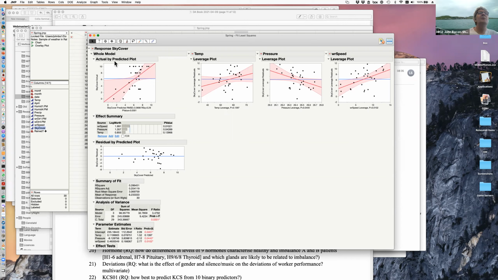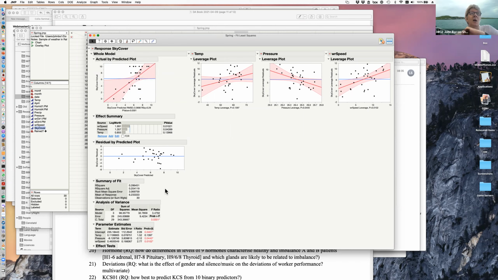So what's the problem? The problem is that we expect that the residuals should be a bit problematic. So if we look at the residuals by predicted here, there looks to be some form of a pattern in the residual plot.